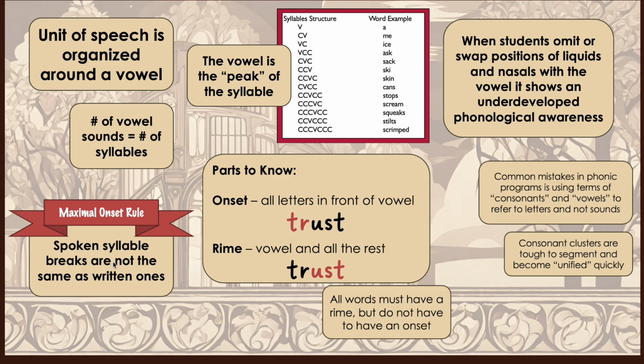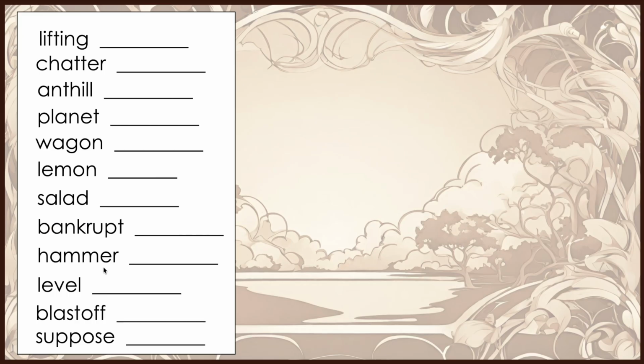And it's not always going to be the same. So just be aware that when you are trying to work with syllables, you can say the word to find the number of syllables, but don't use that to identify where the syllable break is, because it won't be the same. We'll talk a little bit more about that in chapter 4.